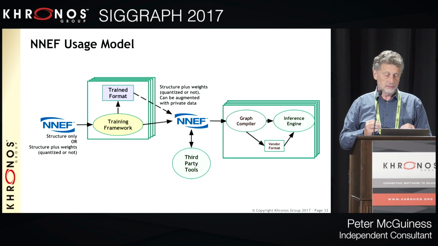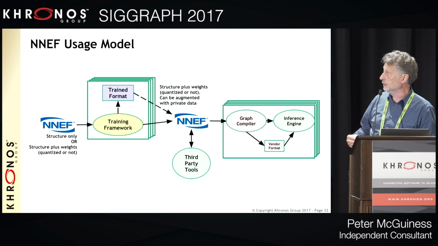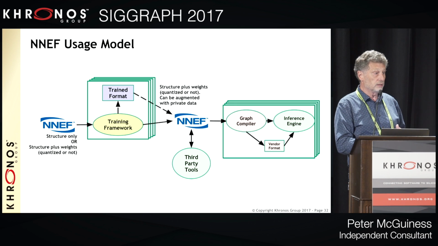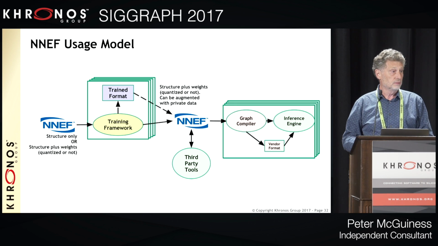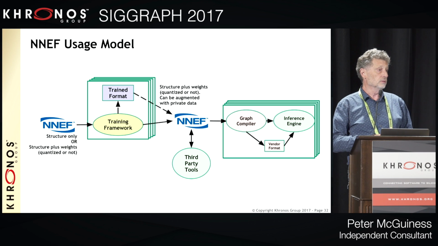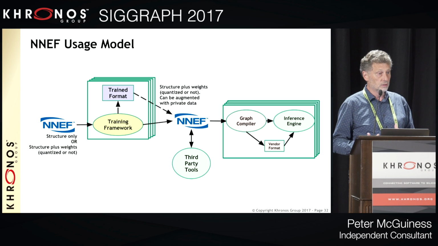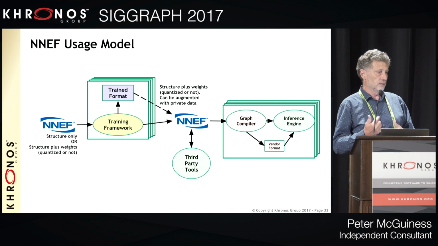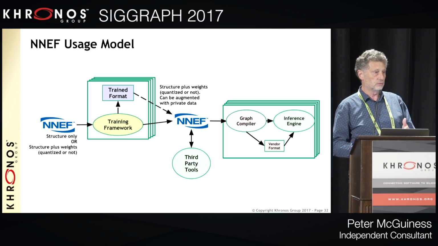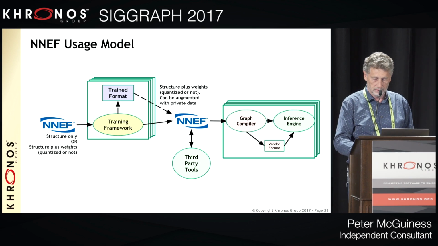And what we hope that will enable is transmission from training frameworks to inference engines, but also the creation and use of third-party tools or vendor-specific tools where you can retrain and re-optimize networks, and you can exchange backwards and forwards using this exchange format.